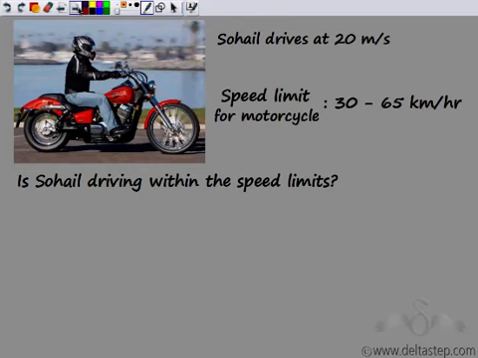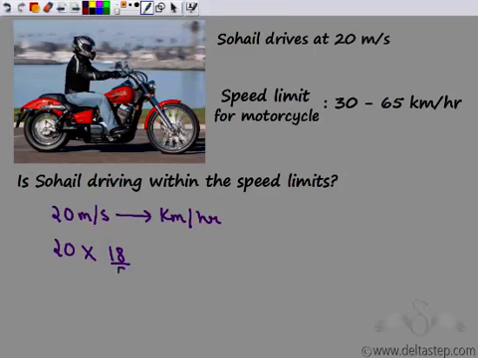So let's look at this. 20 meters per second. I want to convert it into kilometers per hour. Now I want to convert a smaller unit into a larger unit. So I multiply this by the larger number on the top, that is 18 by 5.